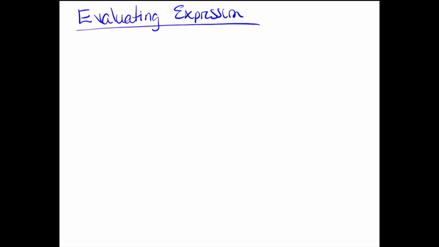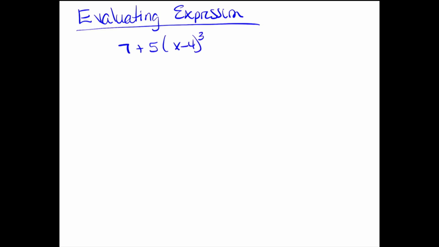So let's look at evaluating expressions. If we're evaluating expressions, they're going to give us some variable that we're going to look at. So let's say they give us the expression 7 plus 5, then in parentheses, x minus 4, to the third.